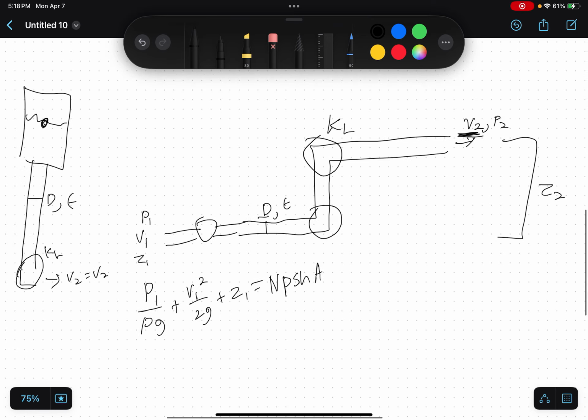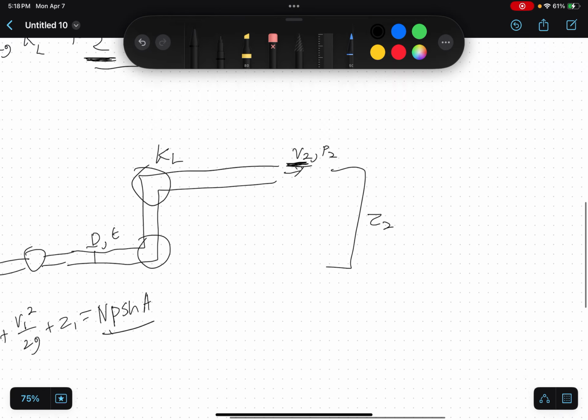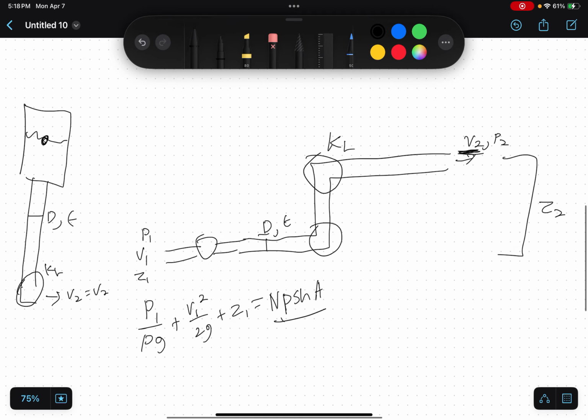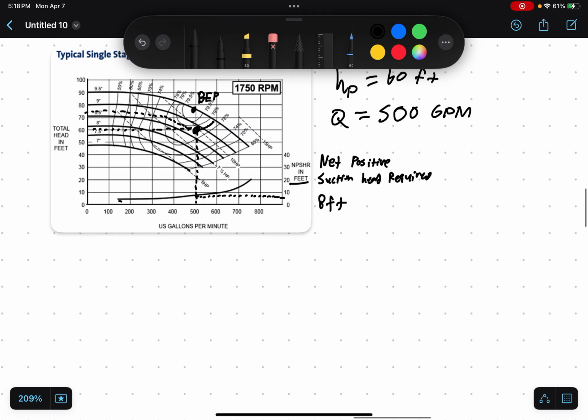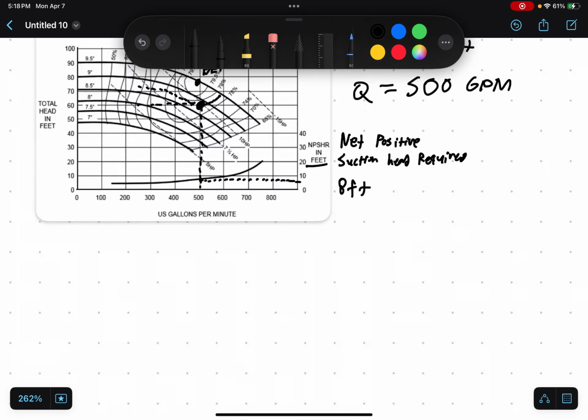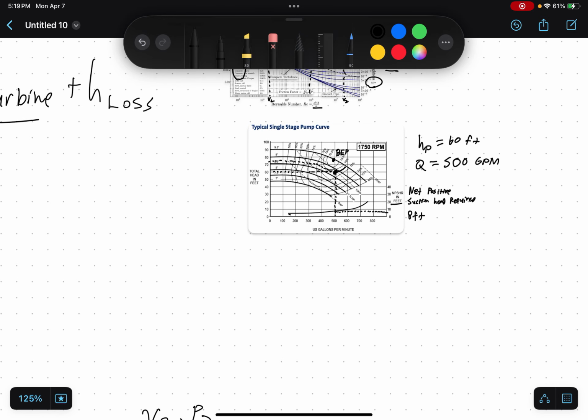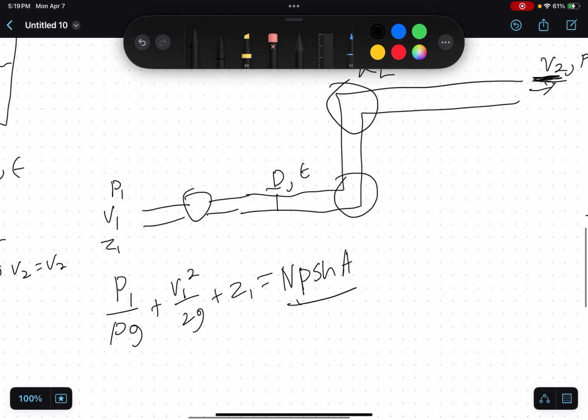NPSHA. And this is net positive suction head available. And we want the available number to be greater than 8 feet. If it's not, we're gonna cavitate, and that's a whole other issue. But basically, that would break the pump. So you don't want cavitation. That means the pump is pulling a vacuum and, well, what actually happens?